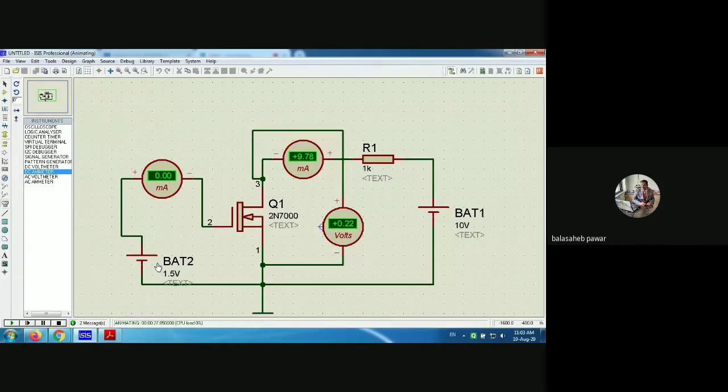So there are only two characteristics. One is the transfer characteristic, which we already discussed and plotted practically also, and another one is the output characteristic. That output characteristic we will discuss in the next lecture, but at this stage you have to remember what it is. The output characteristic is the characteristic in between output voltage and output current by keeping input voltage constant for MOSFET.